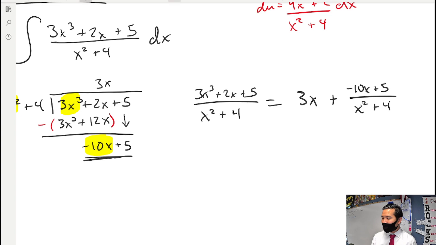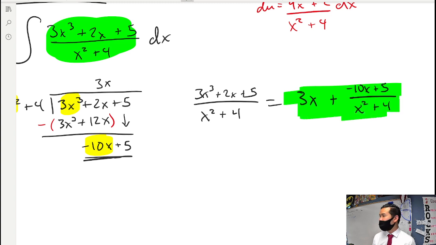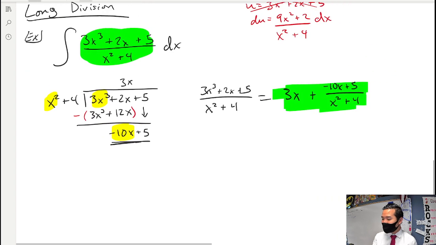So I can replace this whole thing with this. Now you'll say, is that actually any better? A little bit better. You know why? The 3x can now be integrated.